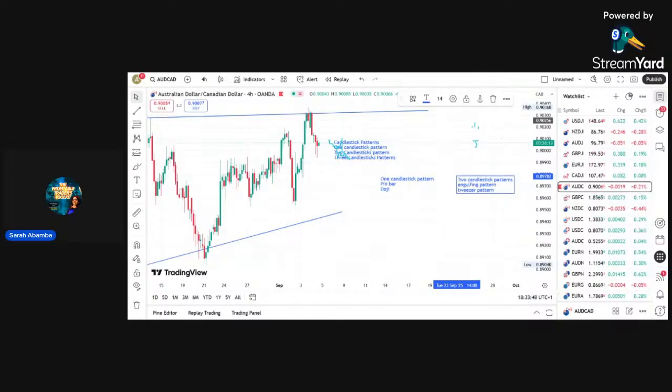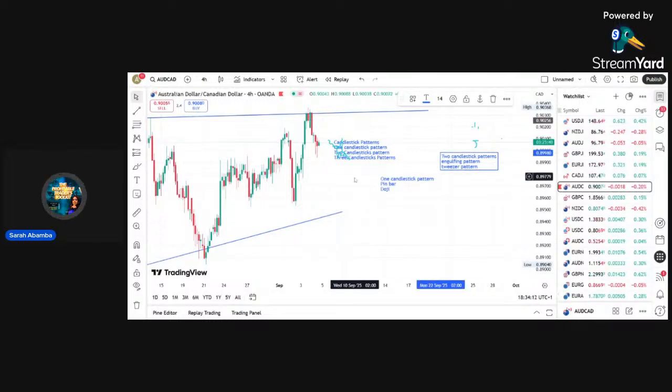Okay. So the next we are looking at is the engulfing pattern and the tweezers pattern. So the engulfing pattern, why it is called a two candlestick pattern is that it's two candlesticks that are formed together. The first one is formed, then the second one is formed next to it.